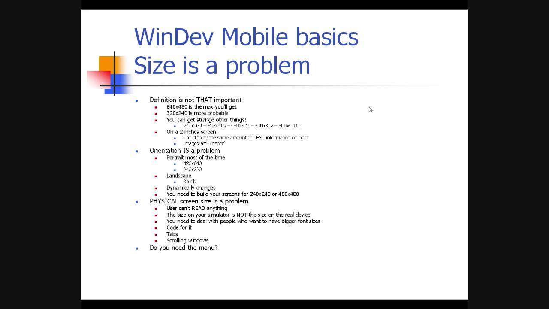So do you need a menu bar? Do you need the menu? Do you need the taskbar? You have to ask yourself that, because you can design your application in order not to have them. Your window can cover up these two areas. But then if you do that, how do you let the user use the other functions of your phone?